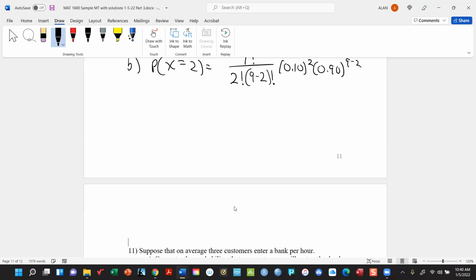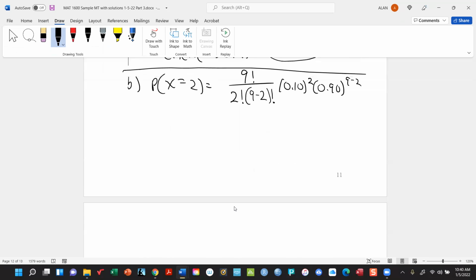All right, let's see what we can do with this one. Now this one, we actually have to do the calculations. For these combinations, there's no formula for this one. We just have to calculate it.